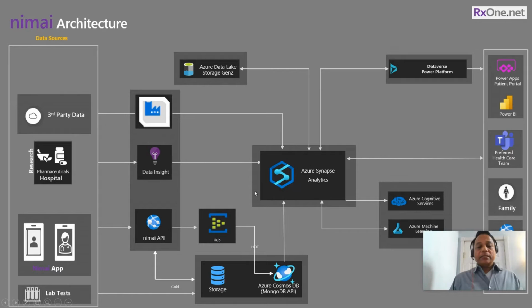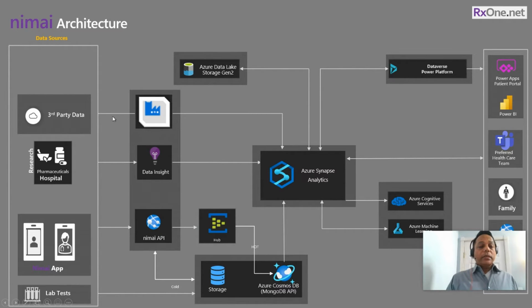And this is a big thing. Cosmos DB works well with Azure Synapse Analytics. That was a big deal for us. And then we get all the hospital and pharmaceutical details or research from them.